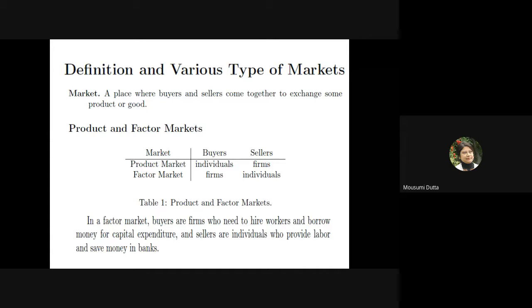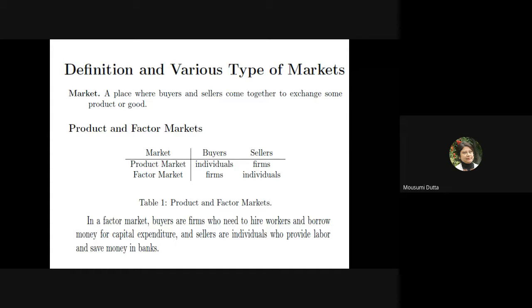Now we need a common place where these two agents will interact with each other, because somebody is trying to sell something and I want to buy something. So we need a common forum, be it a virtual place or a real place, where the interaction between these two groups may occur.